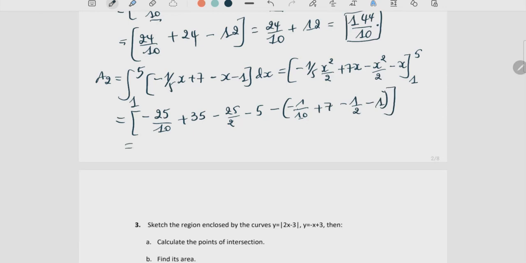And this will be equal to, let's once again take the 10s together, negative 25 plus 1, which is negative 24 over 10.